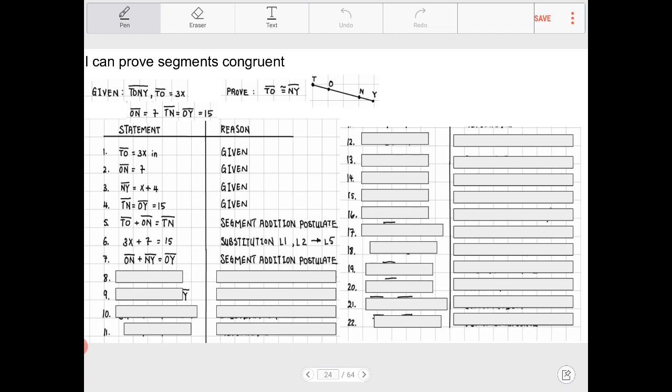Oh yeah, ON was equal to 7. And what was NY equal to? It was equal to x plus 4. And what does OY equal? OY equals 15. So again, we make the substitution. And again, this is because of substituting lines 2, 3 into line 7.